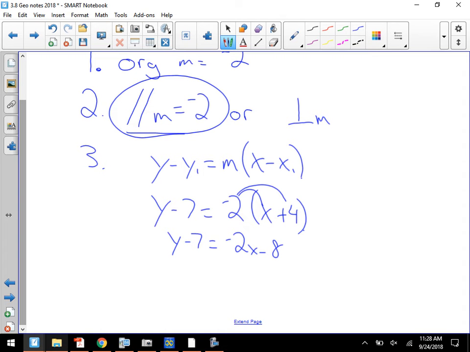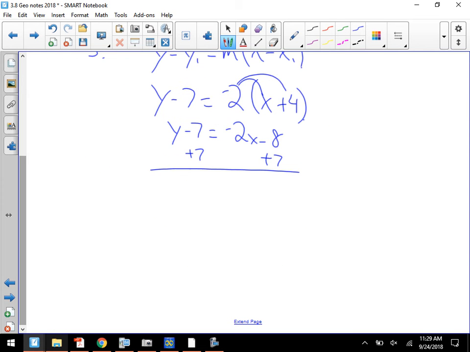And then how do I move the negative stuff? Negative y equals -2x. Like I said, steps. Super easy. Parallel slope problem.